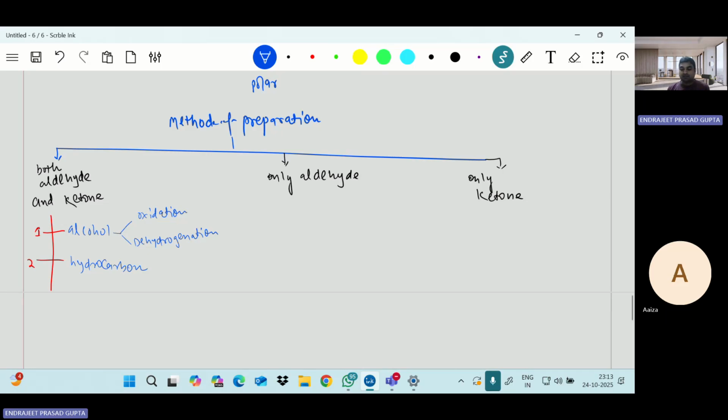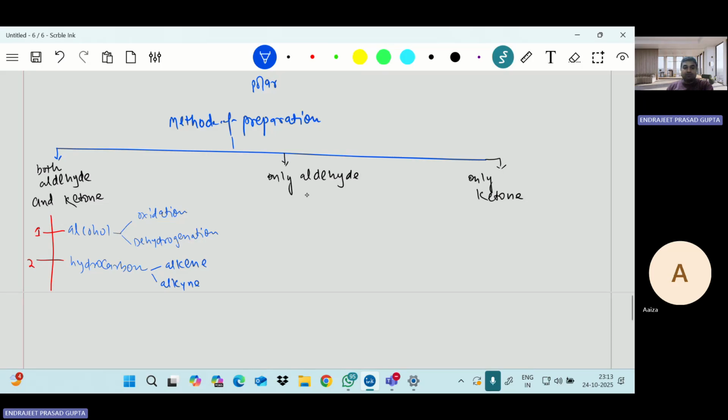So this is also a type of oxidation. Now hydrocarbon. In the case of hydrocarbon, we have alkene and alkyne both, so from alkyne. Clear?